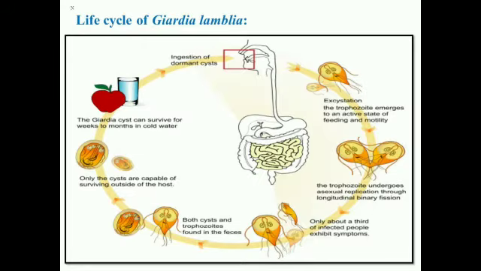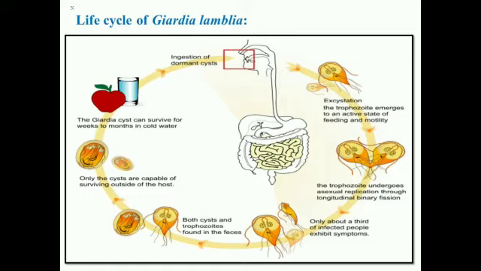Next we have the life cycle of Giardia lamblia. This life cycle passes in only one host, and the infective form, like I have mentioned, is the cyst, not the trophozoite.